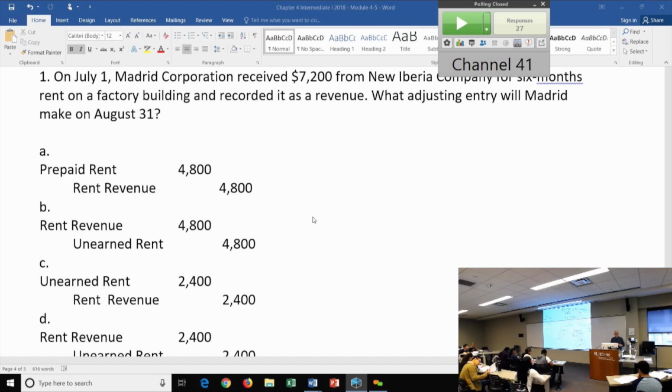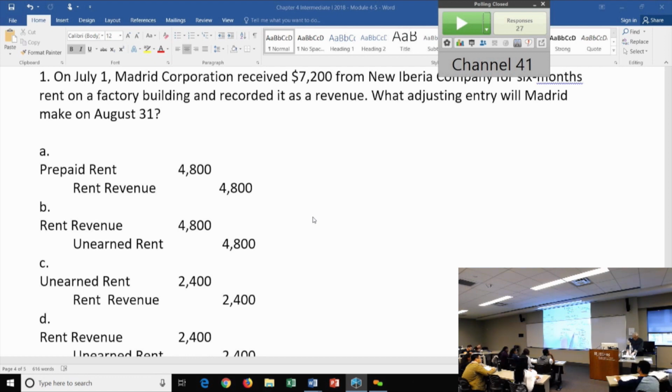I'm a little lost, because at first I thought it was D because of the 2 months. I'm not sure how you go about it. Yeah, but what happens here is if you put 7,200 into a revenue account and only 2,400 is earned, then 4,800 has to be deducted from the revenue. And then the rest of that becomes the liability.